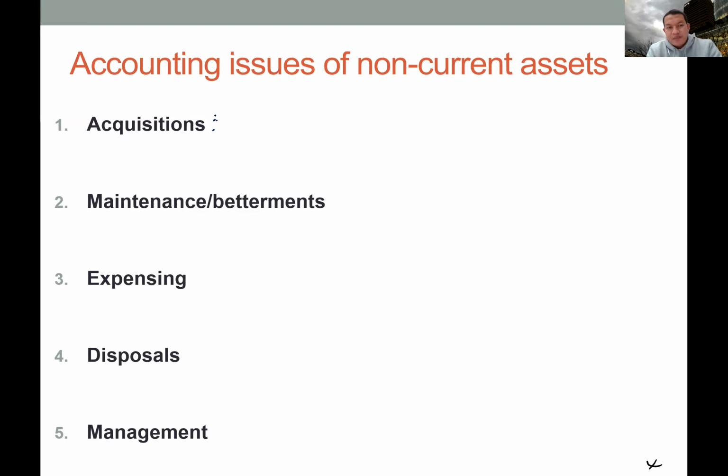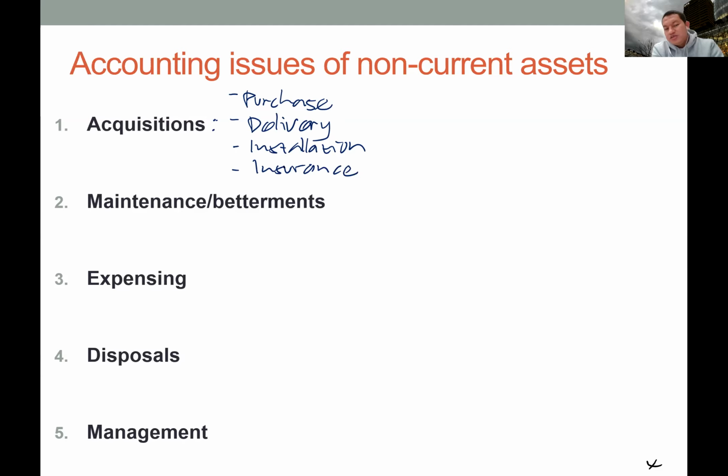The purchase price, I think it's obvious, should be included. So the purchase price, the delivery cost, and then installation costs, and then insurance, maybe.